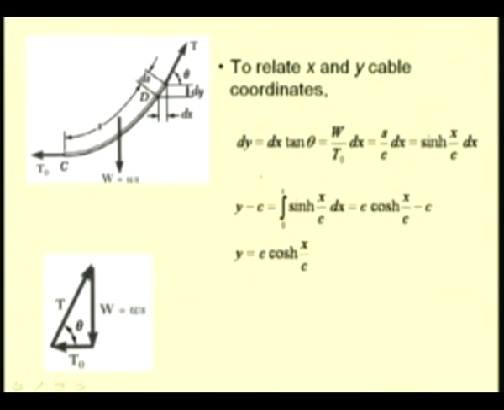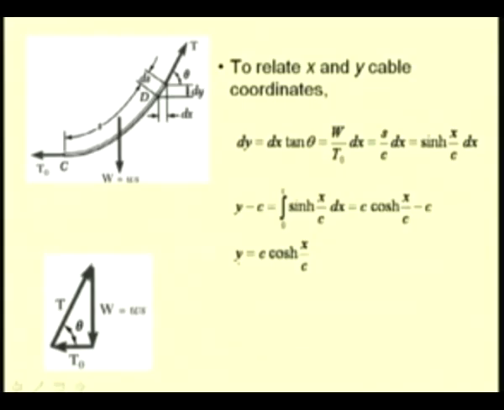Now, let us integrate this between the limits. So, we have y minus c equal to the integral between the limits 0 to x sine hyperbolic x by c dx, which is equal to c cos hyperbolic x by c minus c.